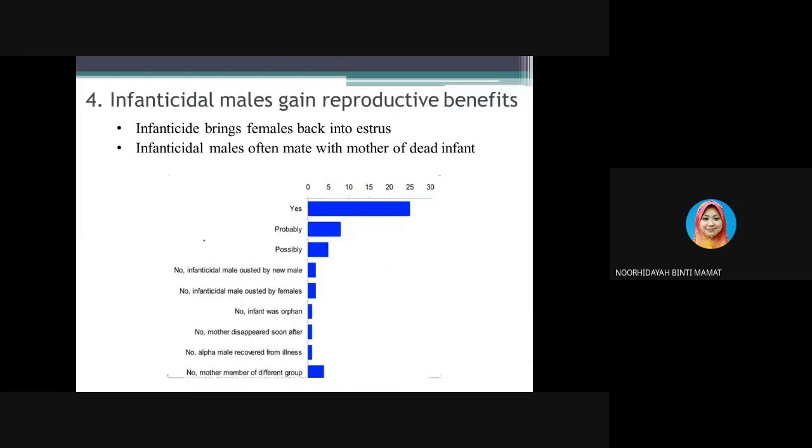And the fourth prediction is that infanticidal males will gain reproductive benefits.